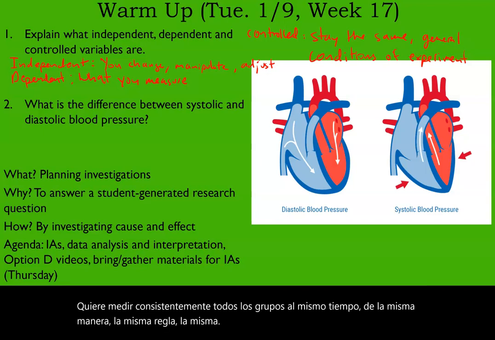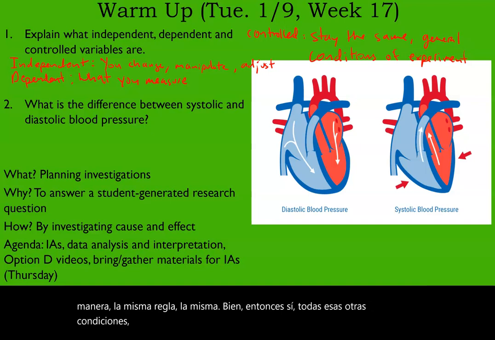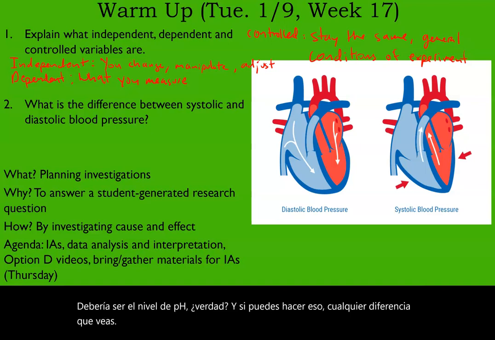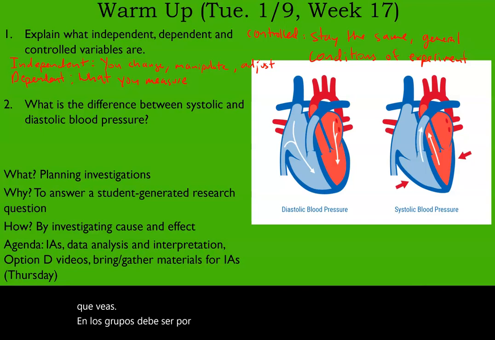All those other conditions. The only thing that should be changing in this theoretical experiment should be what? The only thing that should be different between the groups should be the pH level, right? And if you can do that, any difference you see in the groups should be because of the pH, right? If other things are different, then who knows what's causing the difference.